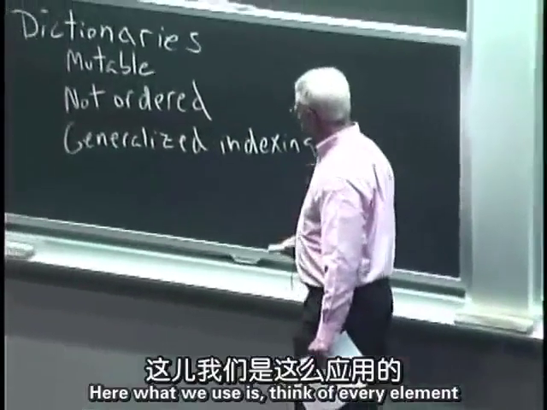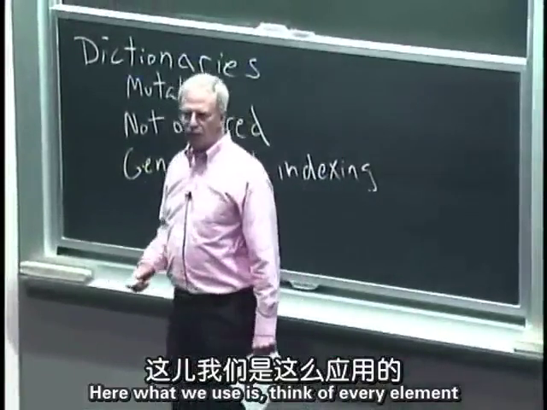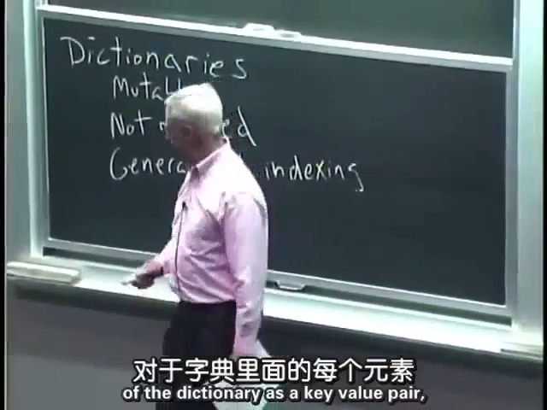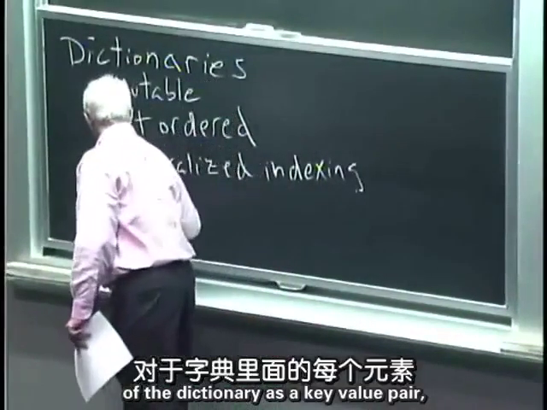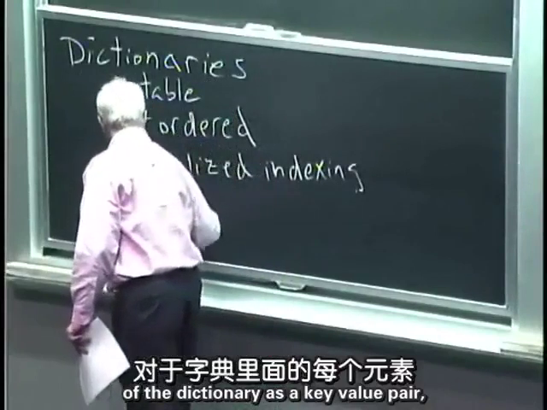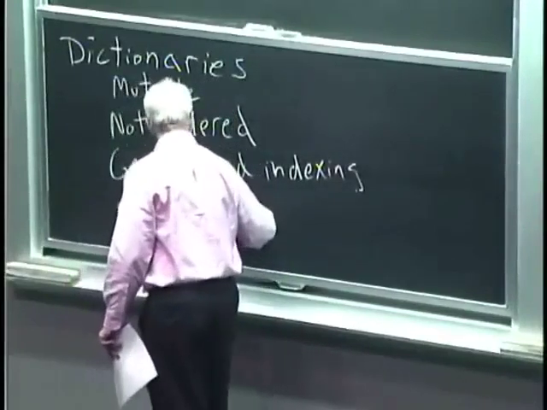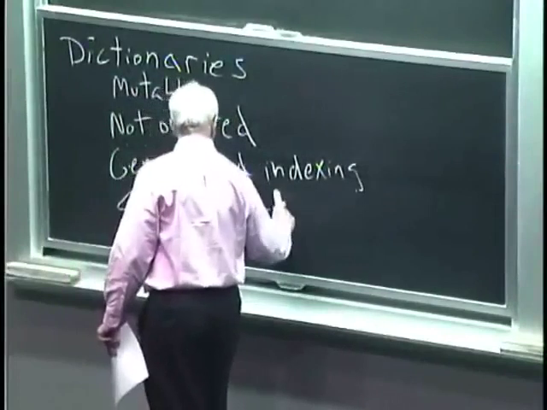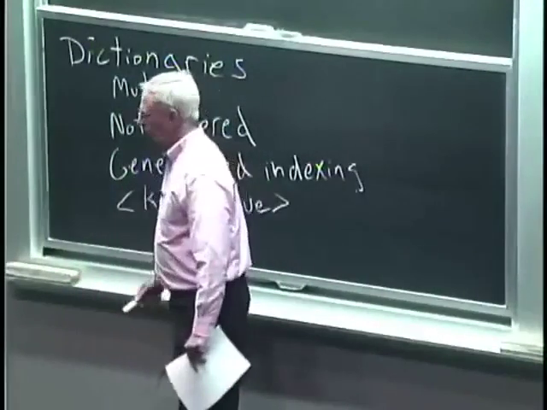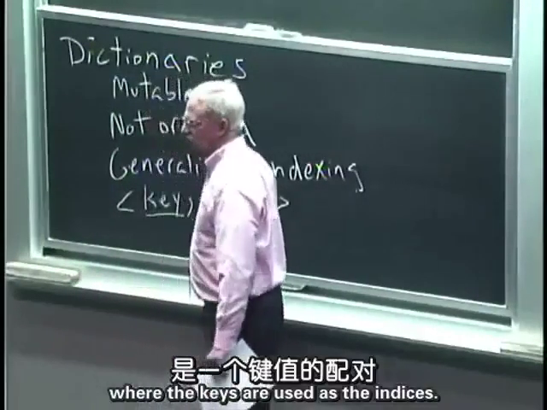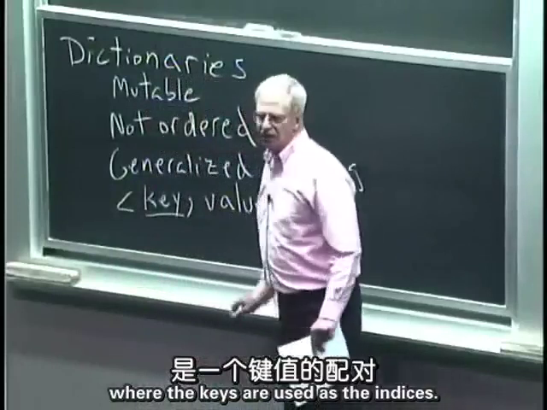Here, think of every element of the dictionary as a key value pair, where the keys are used as the indices.